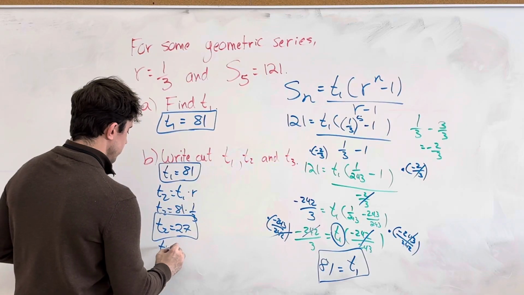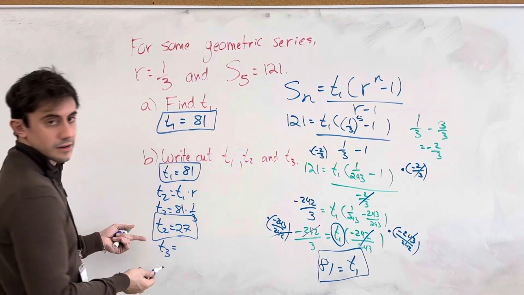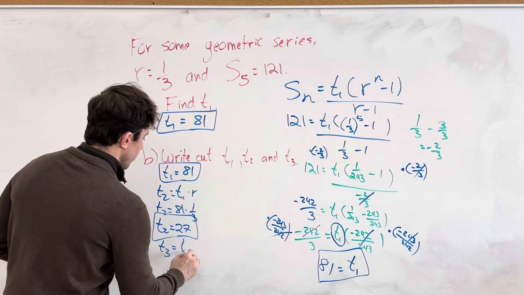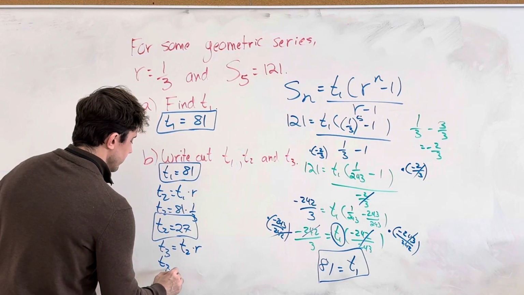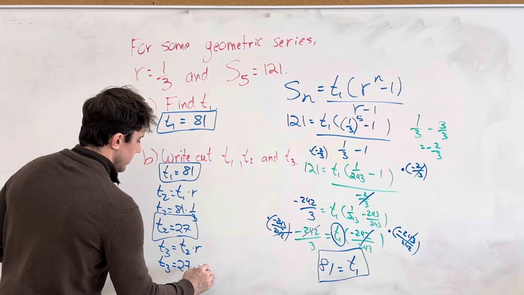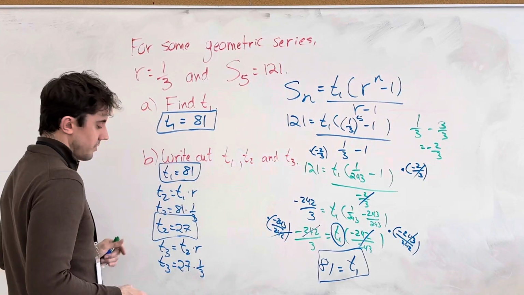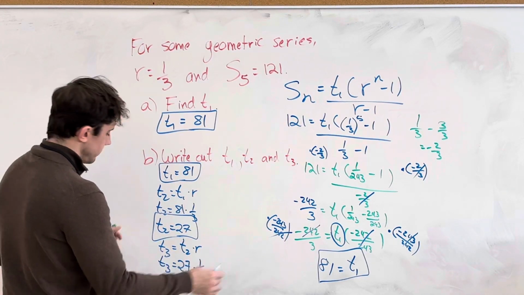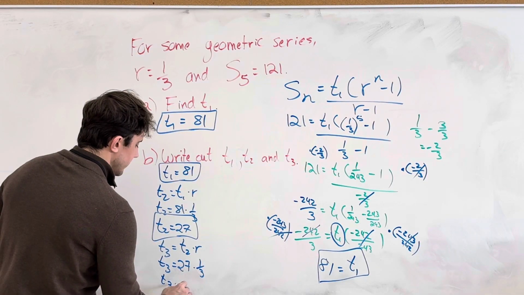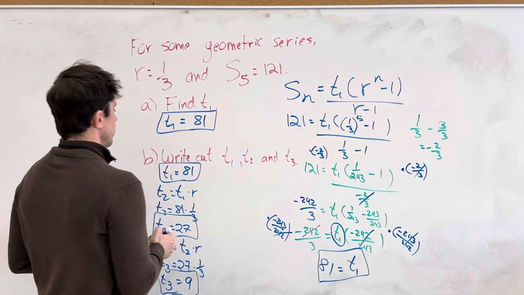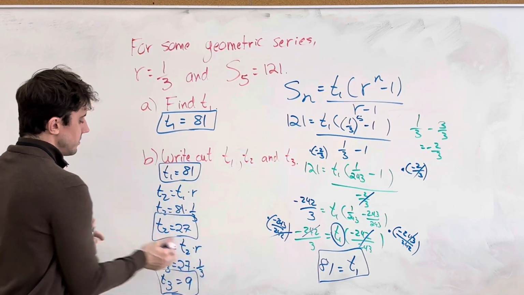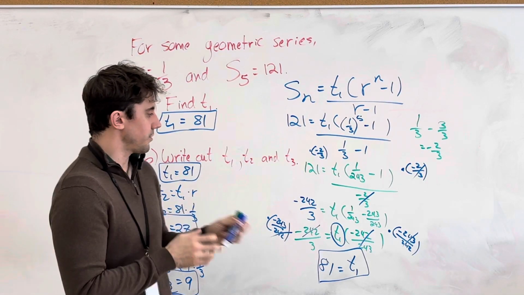And then, of course, T3, likewise, is the term before it times the common ratio. And so T3 is 27 times r being 1/3. 1/3 of 27, as you know, is 9. And so we have 81, 27, and finally 9 for the third term.